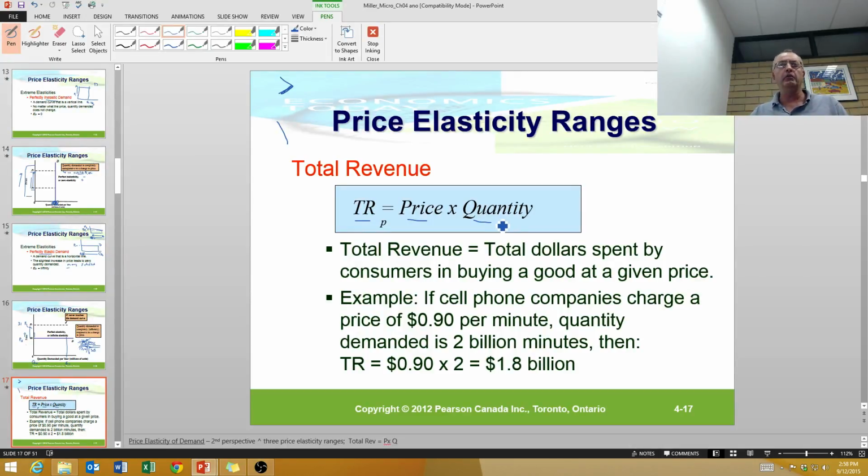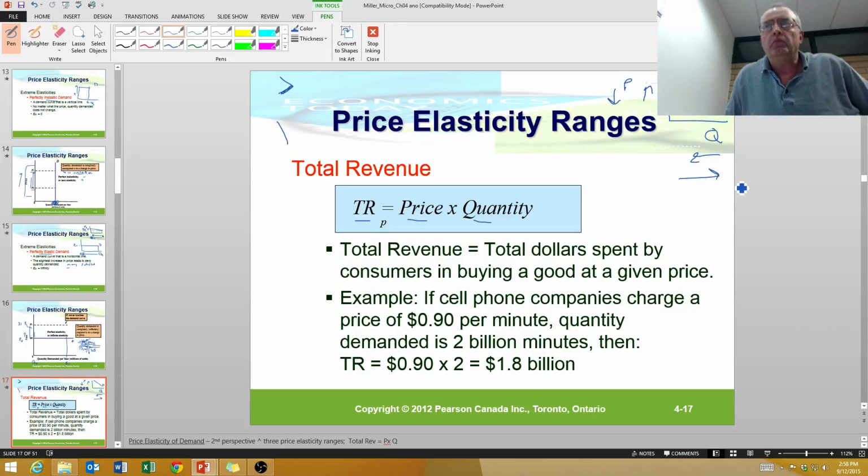Okay, and we know from the law of demand that we have an inverse relationship between price and quantity demanded. Here's our demand curve. So we know that if price goes up, our quantity demanded is going to decline, and if price goes down, our quantity demanded is going to increase. But along the demand curve here, we have different sections.